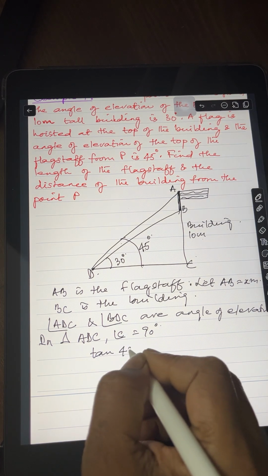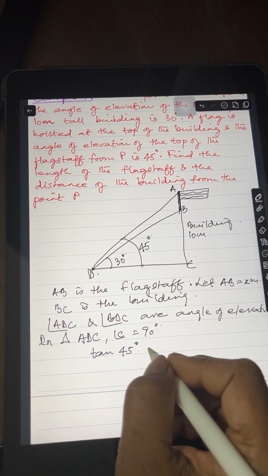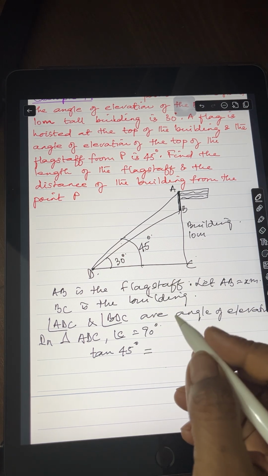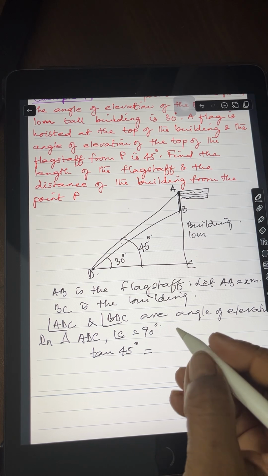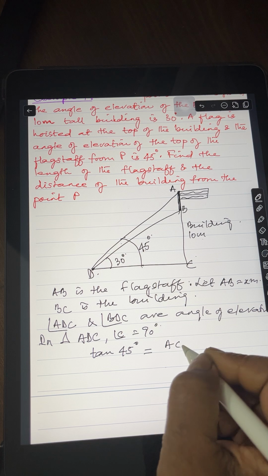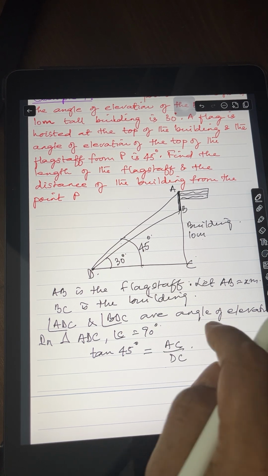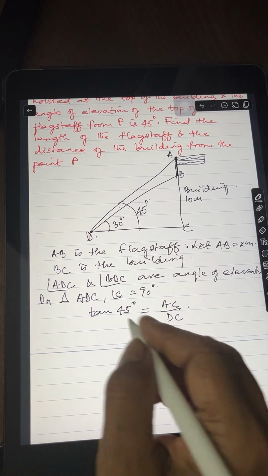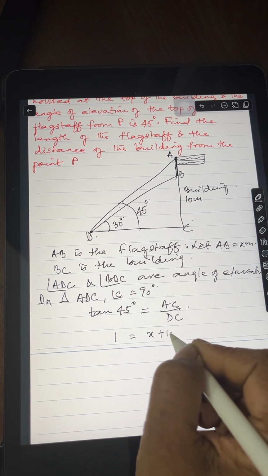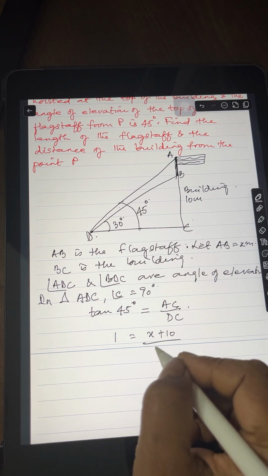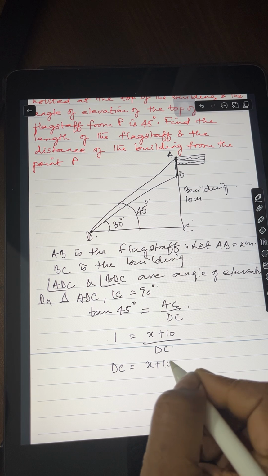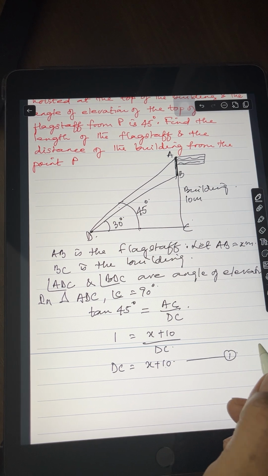If it is 45, always take tan. Because the value of tan 45 is what? 1. So it will be easy for you to calculate. So tan 45 is AC by DC. So 1 is equal to, what is AC? x plus 10, by DC, you don't know. Now DC will become x plus 10. Take this as equation 1.